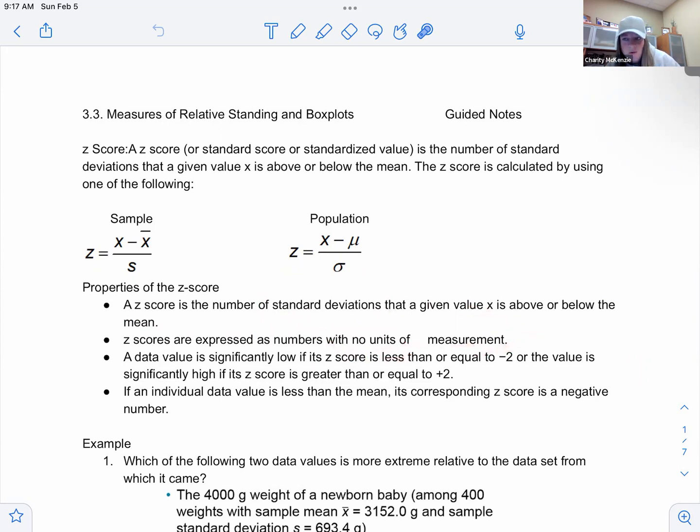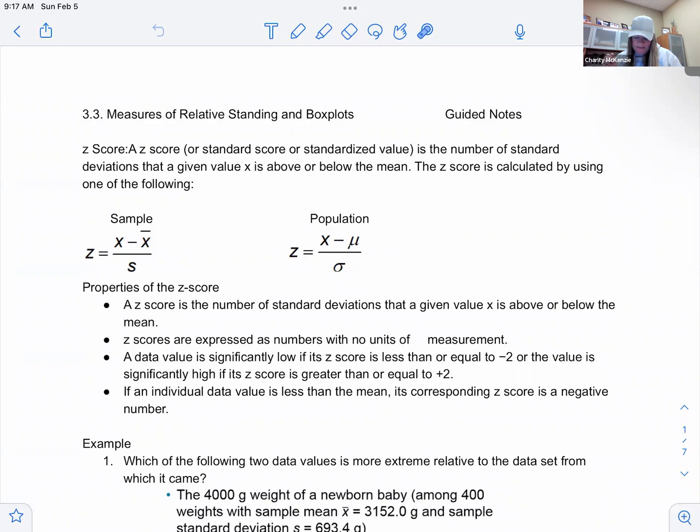It's just a z-score of 2, a z-score of 3. A data value is considered significantly low or significantly high if it's above or below 2 standard deviations. So that's way out there.